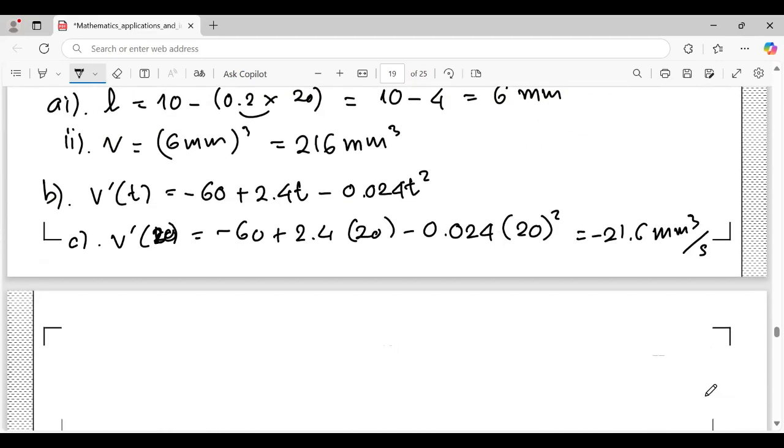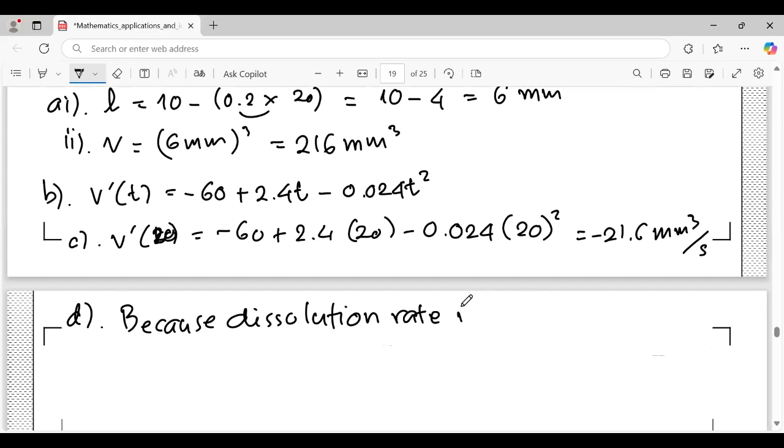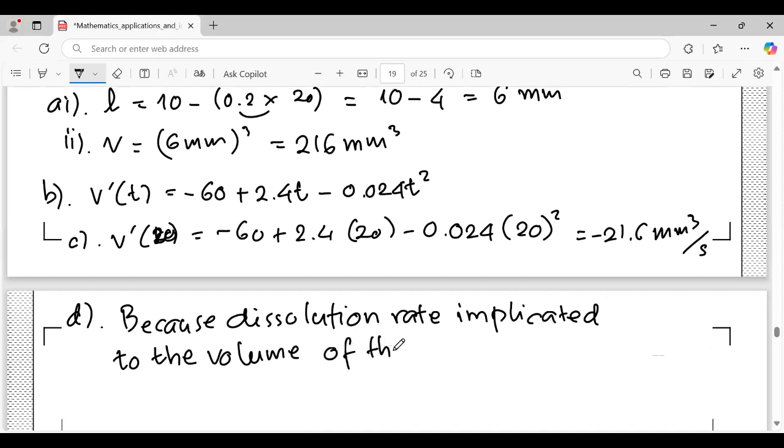Of course, because the solution rate, I would like to write here, because the solution rate is related to the volume of the cube.